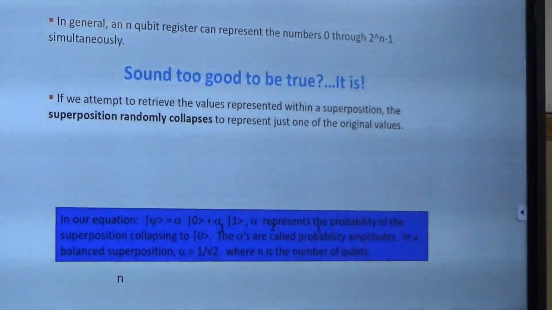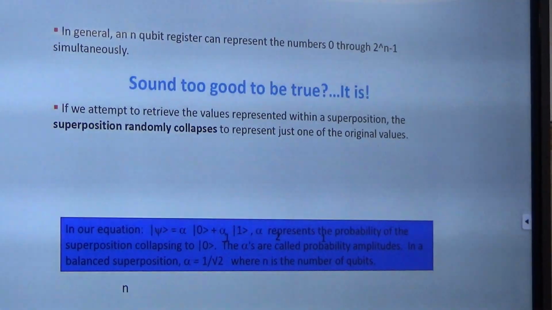So in general, when we are talking about the n qubit register system, it can be represented by the law of 2 raised to the power n minus 1. So basically you go for 2 raised to the power n or 2 raised to the power n minus 1. Why is it there? I will tell you the reason.